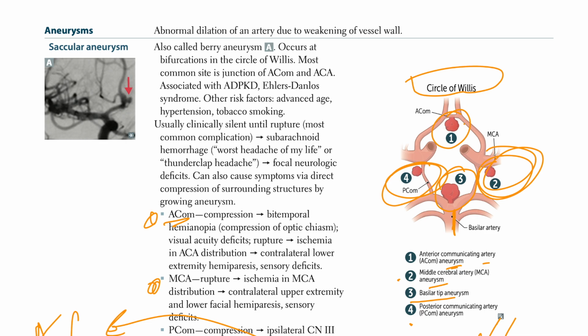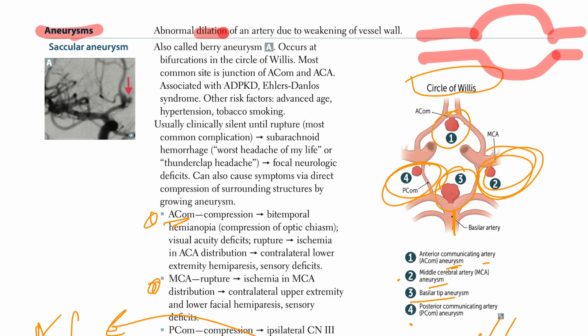All right, let's review this. We talked about aneurysms. An aneurysm is just an abnormal dilatation of the artery due to weakening of the vessel wall. For example, saccular aneurysm, which is also known as Berry aneurysm. The weakening of the vessel wall occurs at the bifurcation of the circle of Willis. Most common site is ACA and ACOM, the junction of the ACA and ACOM, okay?